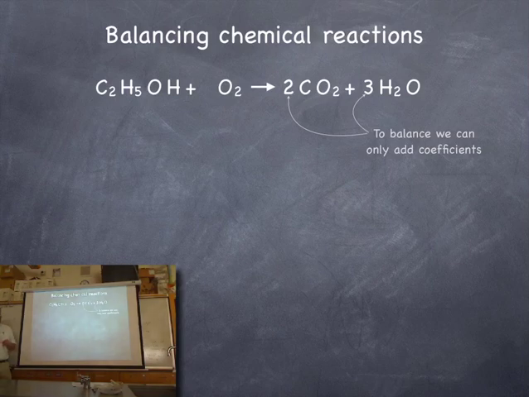So I got to look at the oxygens and say, all right, I got 1 oxygen here, and I have 2 more, but when I see an element by itself, I know I want to save that for last. Because if I change the coefficient on this oxygen, it doesn't change anything else. If I change the coefficient over here, it's going to change the carbons and the hydrogens, messing up all the work I just did. So when you see an element by itself, save that one for last.